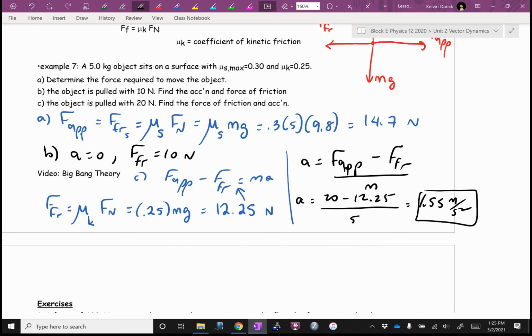Again, as always, I should point out, friction is not a real force in the same way the normal force is not a real force. There's only 4 forces in the universe. Strong force holds the nucleus together. Weak force explains radiation. Electromagnetism explains everything with electricity, light, and magnetism. And gravity. And even gravity might not be a real force. Einstein argued that it was a curvature of space-time. So it's possible there's only 3 forces. Everything else is a combination of those.